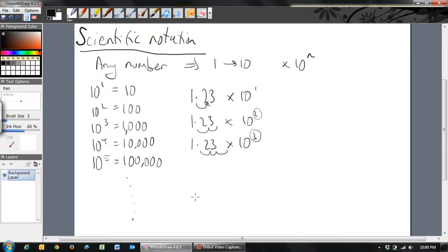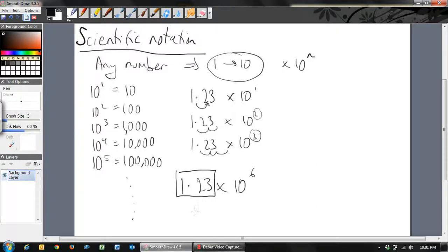And basically, that's how we write a scientific number. If we've got a really big number, we can write it as 1.23 times 10 to the 6 or something like that. So this part is always a number between 1 and 10, times some power of 10, which tells you how many decimal places it moves.